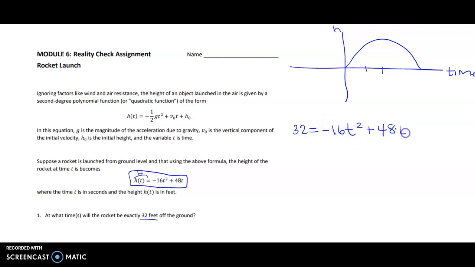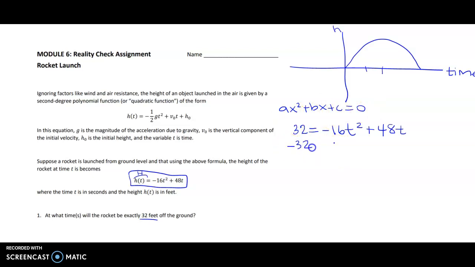If you hate the t's, go ahead and change them for x's. It will be just fine. Now when we're solving a quadratic function, we always want it in the form ax squared plus bx plus c equals 0, because we have a lot of ways we can solve them that way.